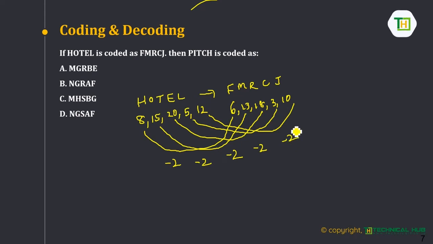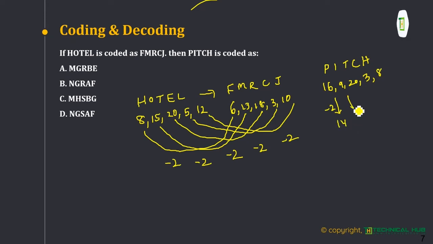The same logic is applied to the given word. What is the word? Pitch, P-I-T-C-H. With respect to numbers, P is 16, I means 9, T means 20, C means 3, H means 8. Subtracting 2: 16 minus 2, 14. 9 minus 2 means 7. 20 minus 2 means 18. 3 minus 2 means 1.